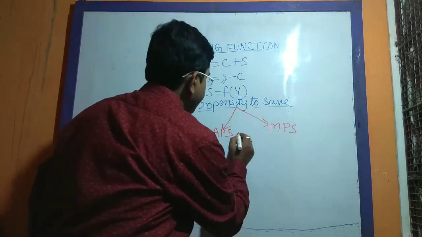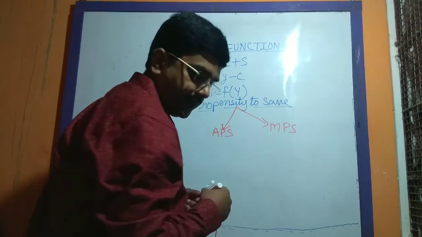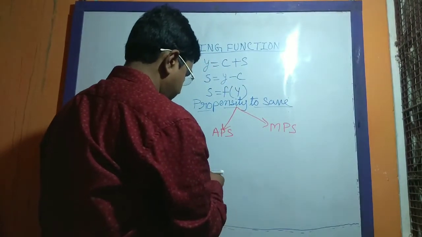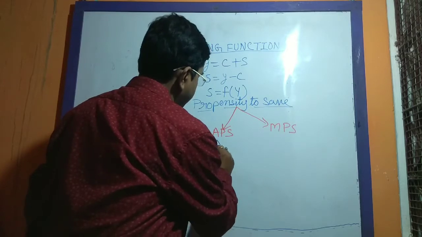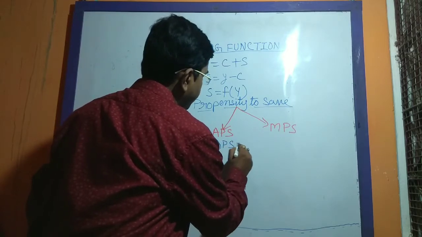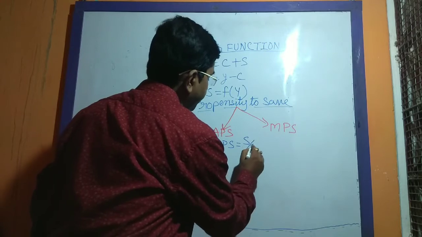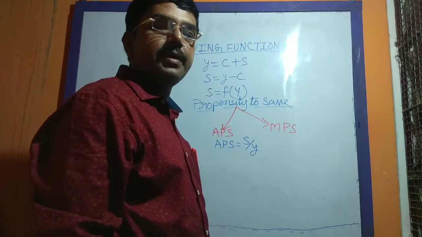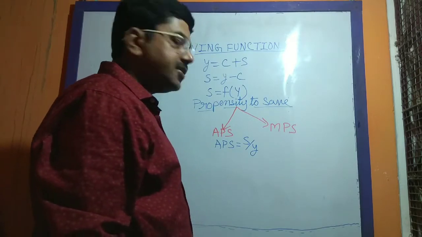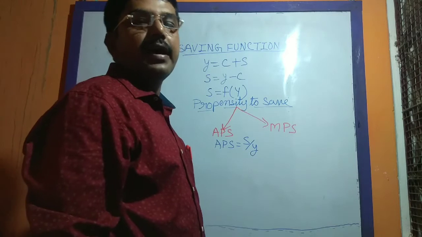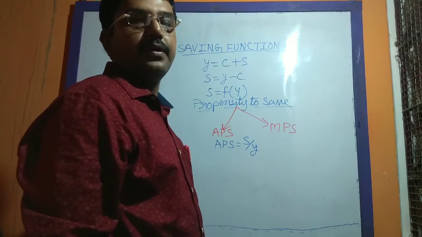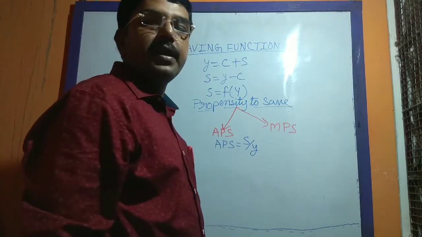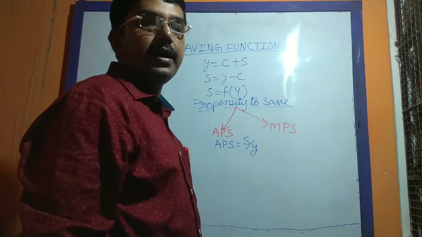You can write APS equal to S by Y. We can explain it with the help of a numerical example, with the help of a schedule and a diagram also.